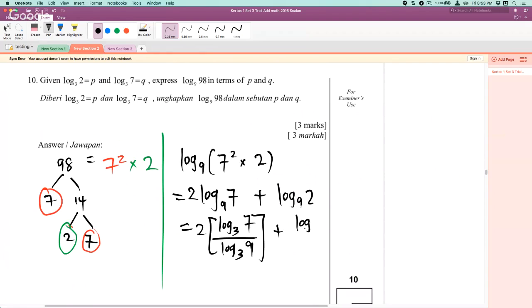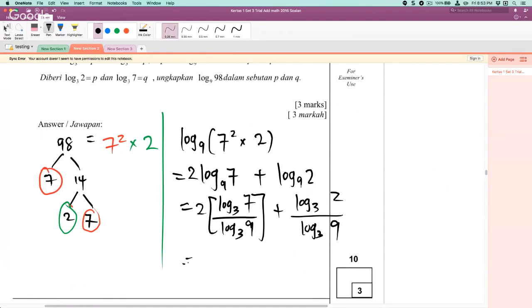I will do the same thing for this one: log 3 of 2 at the top, 9 at the bottom. Then I almost got the answer. Of course you have to know log 3 of 9 is equal to 2, I said many times already, because 9 is basically 3 squared. So this one equals 2, this one equals 2.